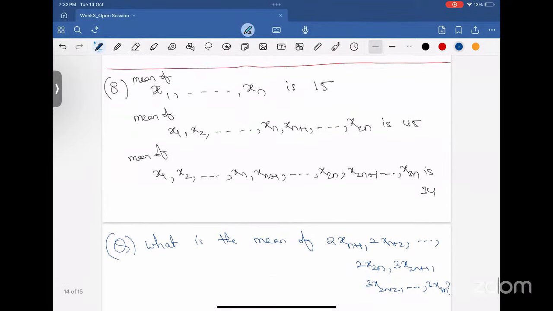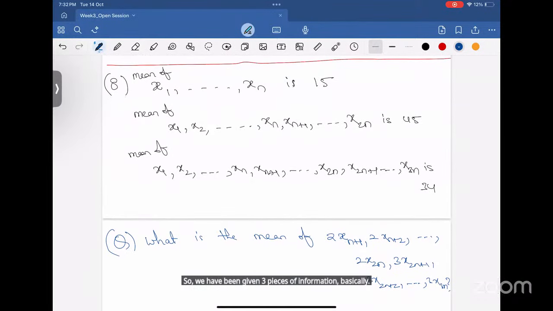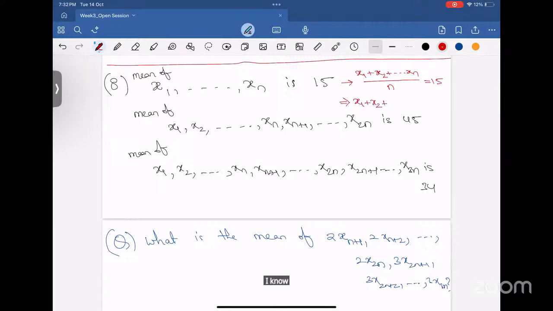So we have been given 3 pieces of information basically. From here, I know x1 plus x2 till xn divided by n is 15. Correct? Yes, sir. So from here, I know the sum till xn, by just multiplying n to the right side. That's it.